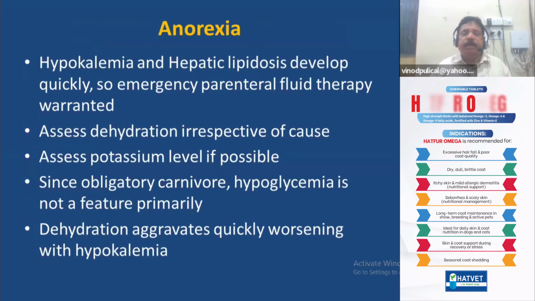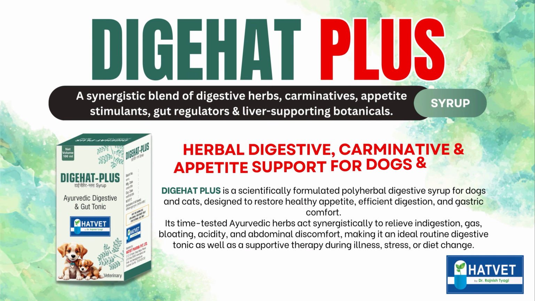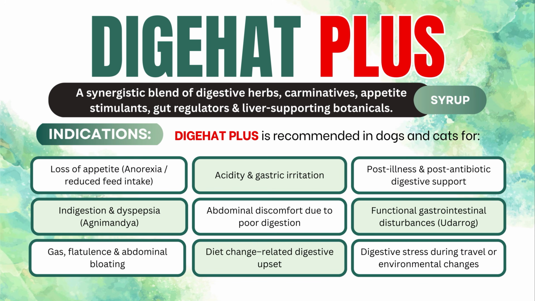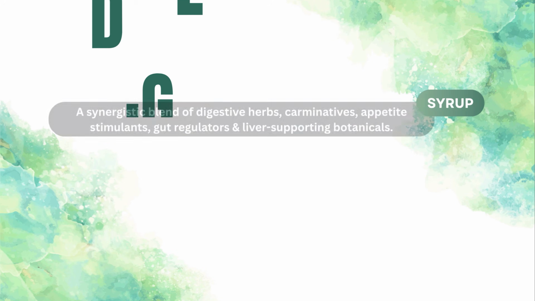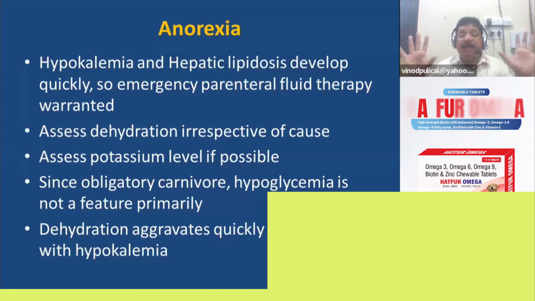During anorexia, hypokalemia and hepatic lipidosis develop very fast and it can be fatal in 48 hours.